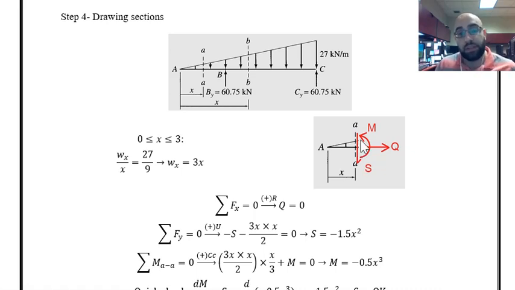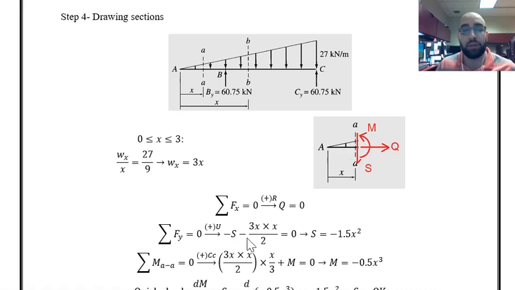So this is not something that we can change or choose, but this positive that we have is just for the sake of writing the equation, and you can assume positive is downward and then change the sign of the loading.